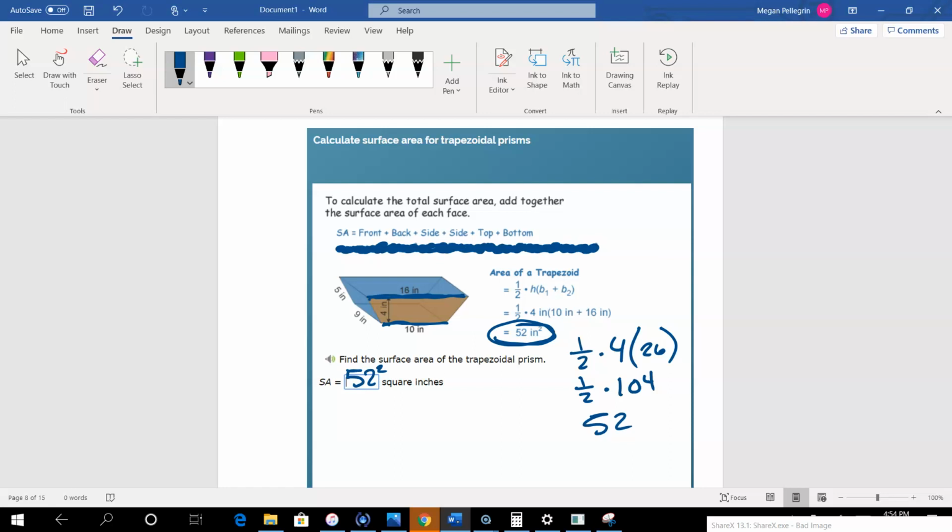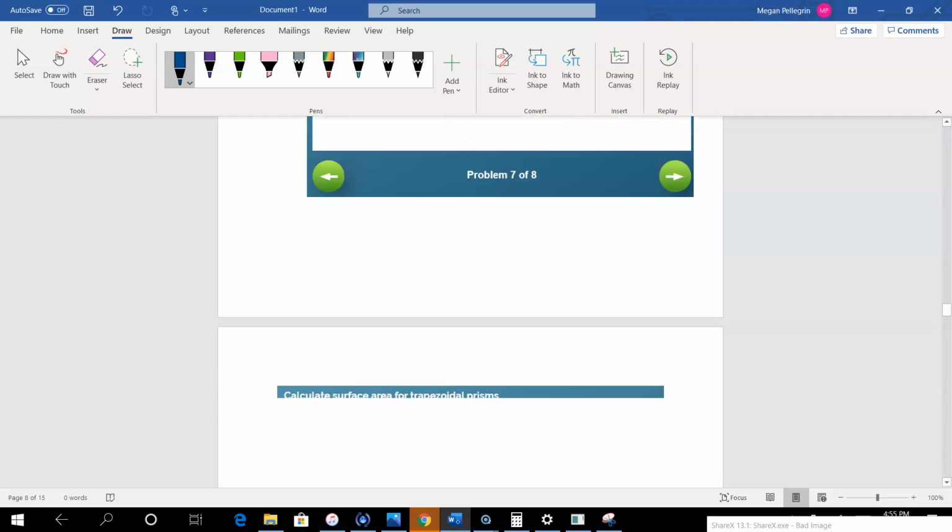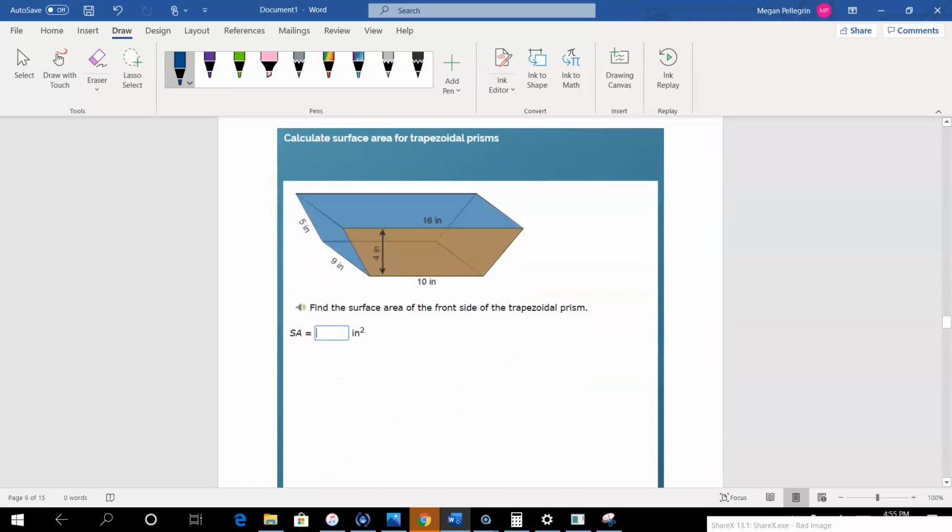Okay, so we know that to find the surface area of any shape, we take the area of each shape of our three-dimensional figure, we find the area of it, and then we add it all together. So currently we have found the front, this piece right here, so we're saying that this is 52 inches squared.